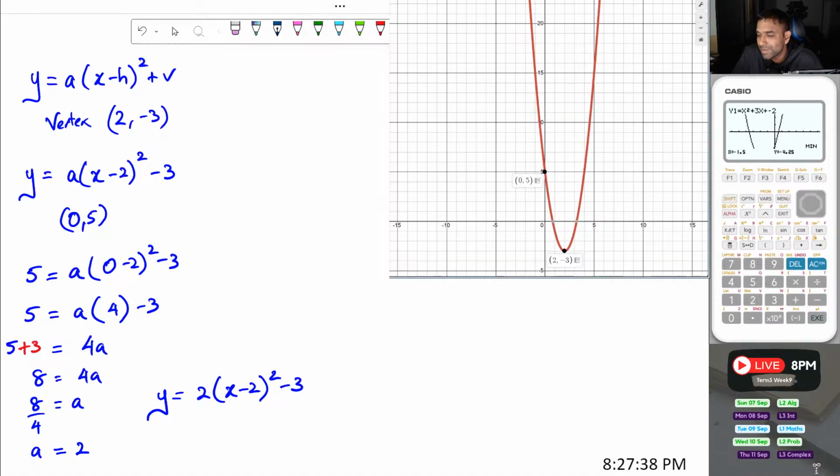Nah, this is not a merit question, man. CC, it depends on the question. If it's an excellence question and you do decent working but get the wrong answer, you can sometimes get even a merit for it. So don't stress too much about it.